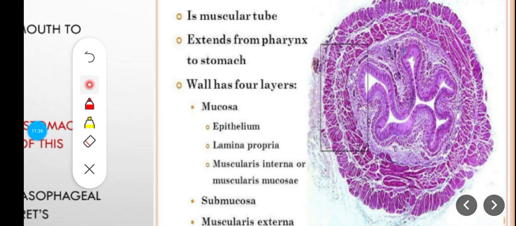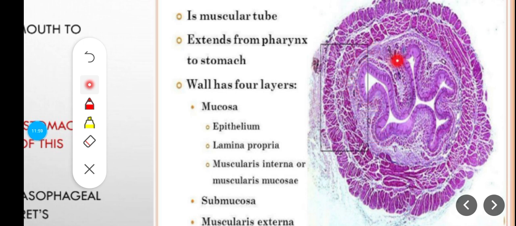Now, just deep to the mucosa is the submucosa, which is a layer of connective tissue. If you look at the submucosa, you can notice that it doesn't really appear homogeneous. You can notice some thick staining areas that surround the esophagus. This represents the esophageal glands. It stains like this because of the presence of cells of the esophageal glands.